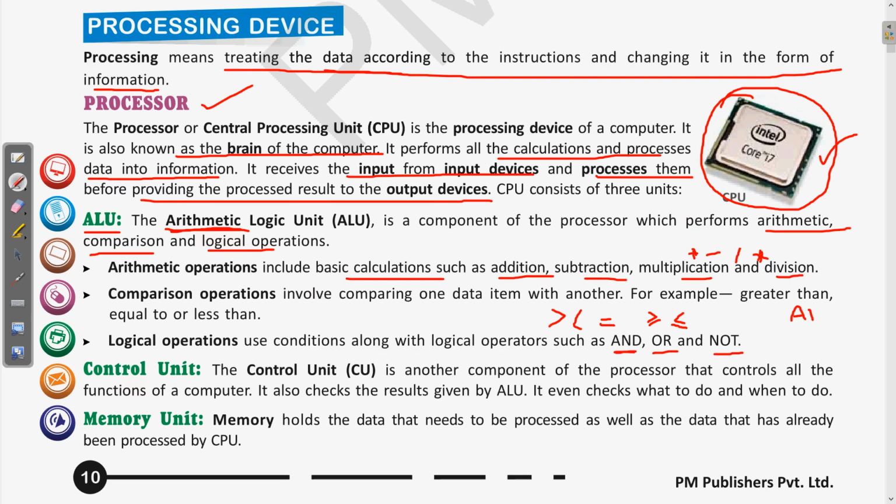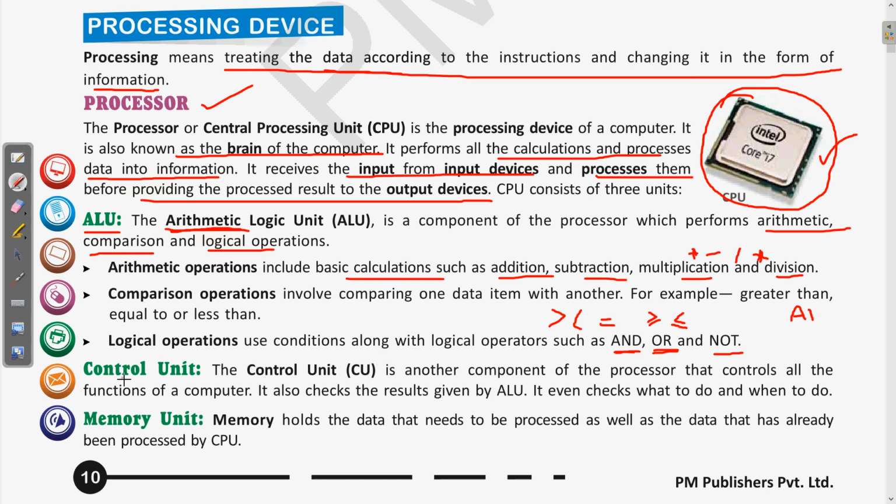You will study more about this in the next classes. For right now it is only required to know that logical operators are the operators using which you perform logical things. Clear? These logical operators are part of the ALU. I hope this is clear to you.